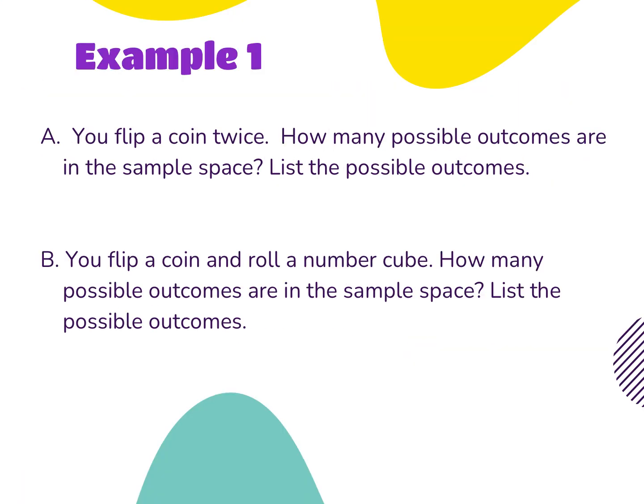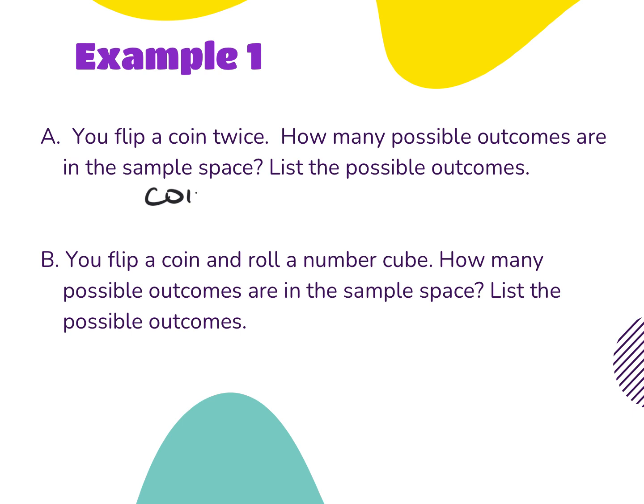So for this one, here's our example. It says you flip a coin twice. How many possible outcomes are in the sample space? In order to find the total number of outcomes, you're going to take each event and multiply the number of outcomes. So when you flip a coin, 2 outcomes, but I'm flipping it twice.